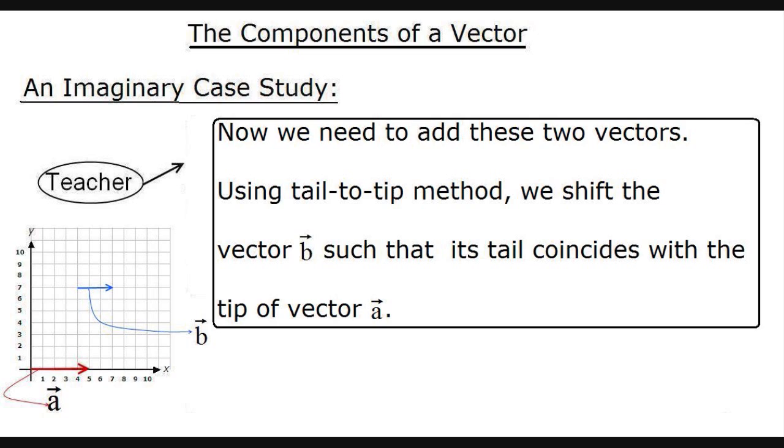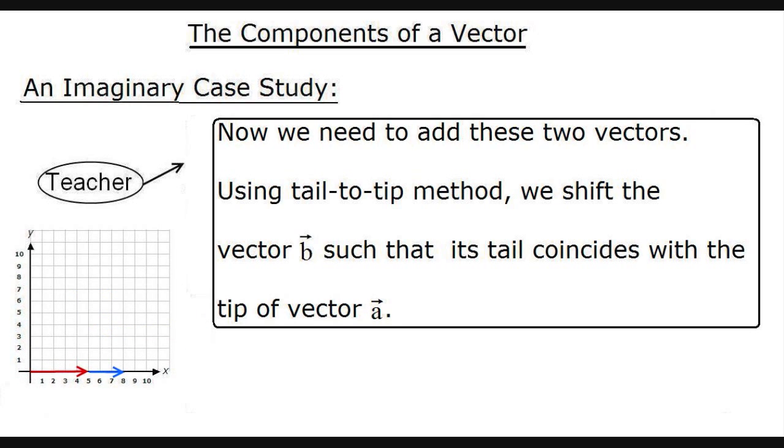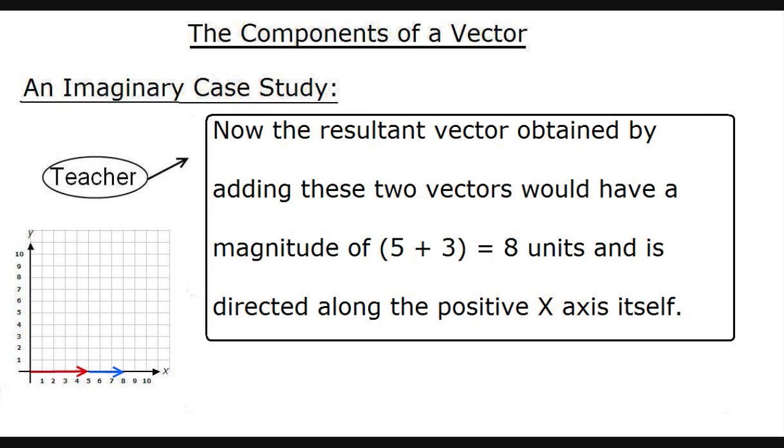Using the tail-to-tip method, we shift the vector b bar such that its tail coincides with the tip of vector a bar. Now the resultant vector obtained by adding these 2 vectors would have a magnitude of 5 plus 3, which is equal to 8 units, and is directed along the positive x-axis itself.